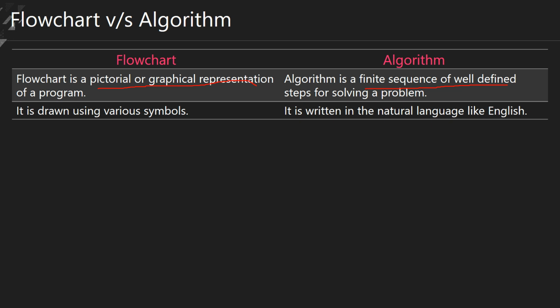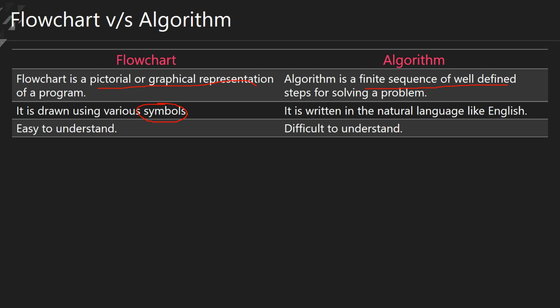Second difference, a flowchart is drawn using various symbols, whereas here an algorithm is written in natural language like English. And a flowchart is very easy to understand since it is a graphical representation, whereas an algorithm is a little difficult as compared to the flowchart.